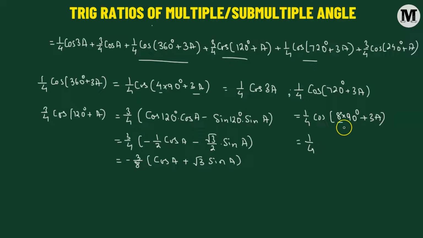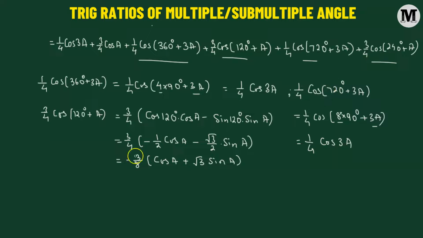We have 1/4 of cosine of 8 times 90, which means we have an even multiple of 90 degrees. So cosine is going to stay as the cosine function, but the new angle will be 3a. And 8 means we are in the 4th quadrant, and to it we are going to add the angle 3a, which takes it to the 5th quadrant, which is the 1st quadrant only. So we'll again have a positive value, 1/4 of cosine of 3a.